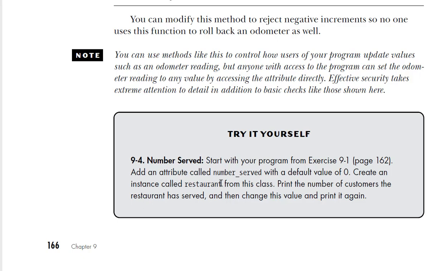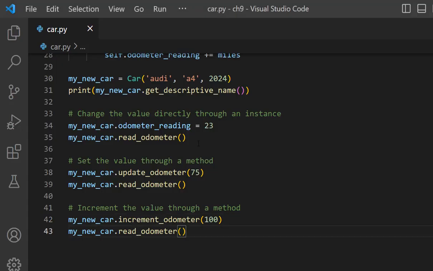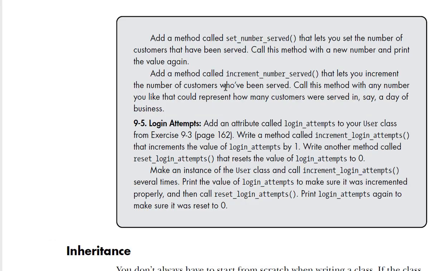Then we're going to create an instance called restaurant from this class, print the number of customers the restaurant has served, and then change this value and print it again. So this one right here, this is the one that we did through this example here. Okay, so we're going to change it by changing the value right here. So changing the value directly through an instance.